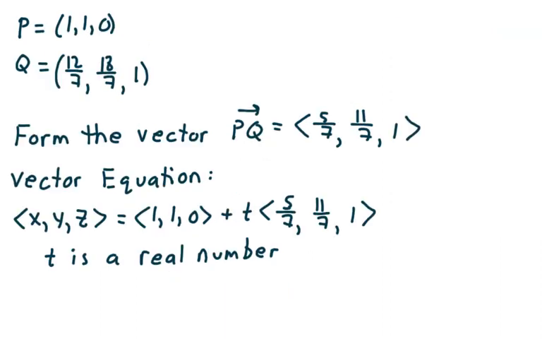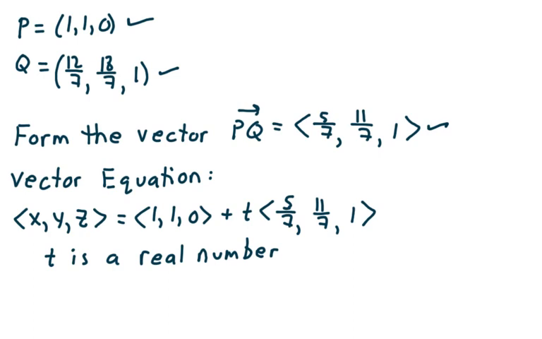So here we have p equals the ordered triple 1, 1, 0, and q equals the ordered triple 12 sevenths, 18 sevenths, 1. And we form the vector pq. Remember, terminal minus initial, and so that vector will be 5 sevenths, 11 sevenths, 1. Now, we're trying to find parametric equations for the line.